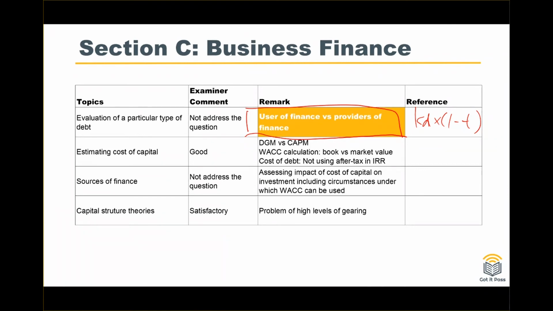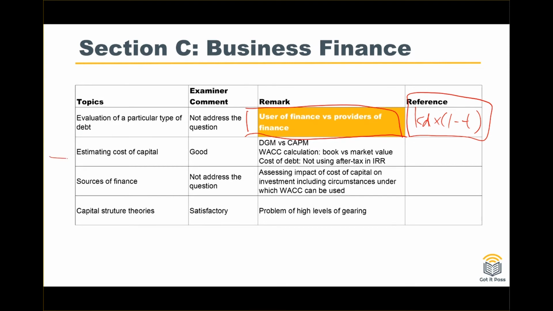But if you work on the business valuation to value debt instruments, the investor doesn't have the tax benefit by investing in the debt instrument, so you don't need to take the tax rate in your calculation. So this formula only appears in finance.